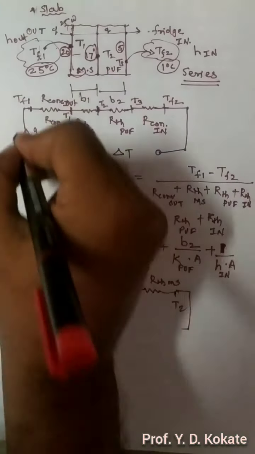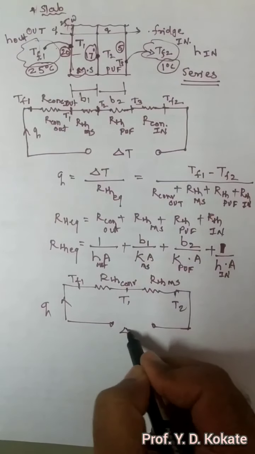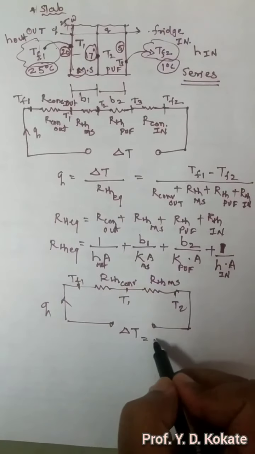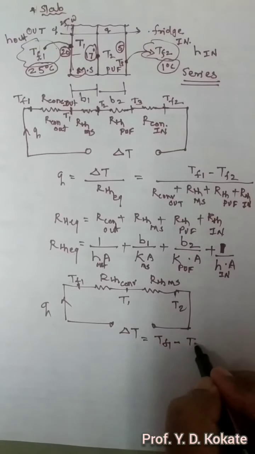Through that, heat transfer is again the same, that is Q, but the temperature difference will change. So what is this temperature difference? First temperature is TF1 minus the second temperature, which is T2.